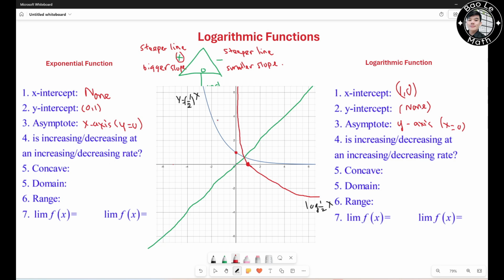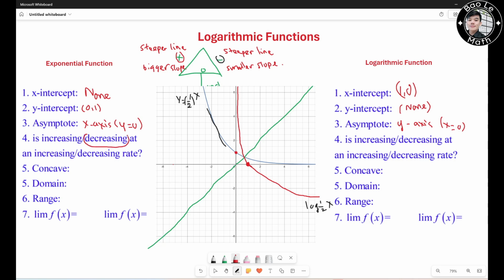Now, look at this one and use the Christmas tree trick. I'm going to draw a tangent line. So I draw a tangent line like this, and you see that the lines go in this way, so the slope is negative. The slope is negative, the function is decreasing.